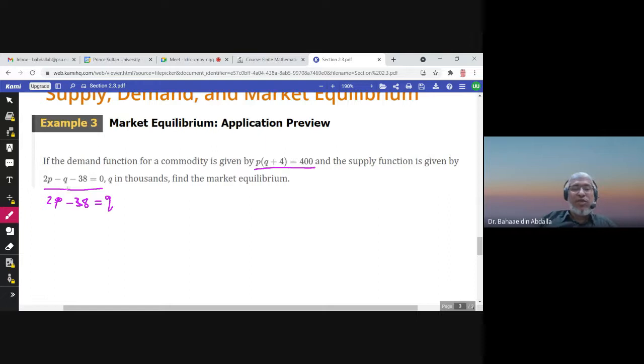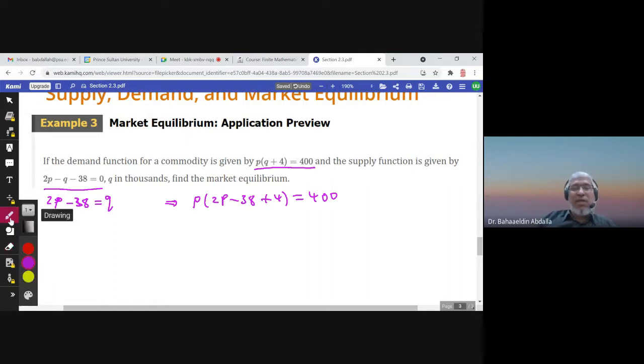Then I can plug this into the demand function. So I can write P times Q, which is 2P minus 38, plus 4. So Q is 2P minus 38, and there is plus 4 here, equals 400.